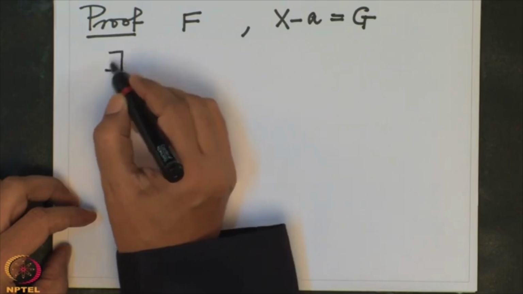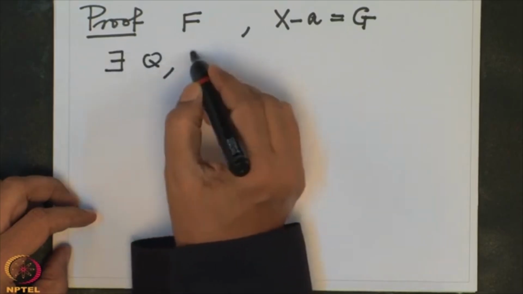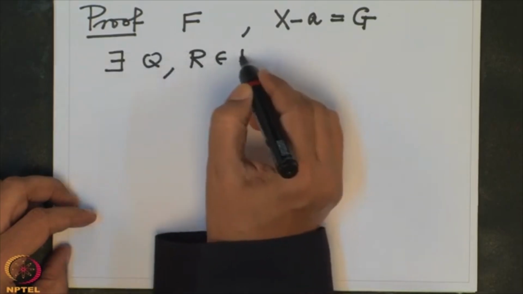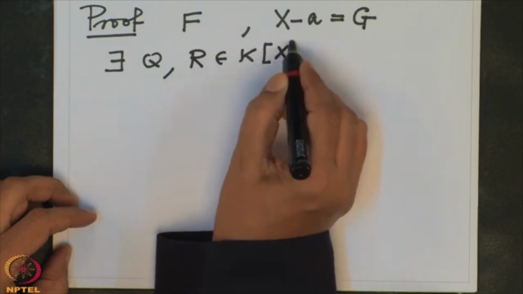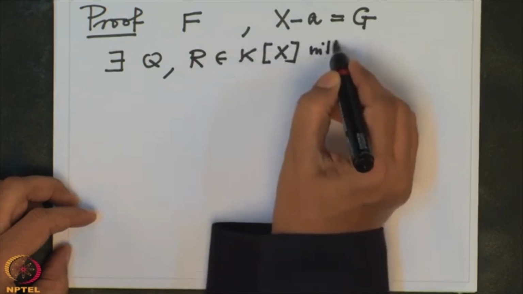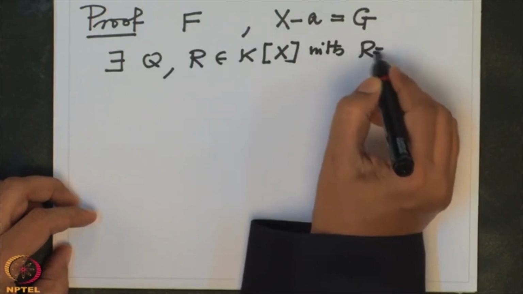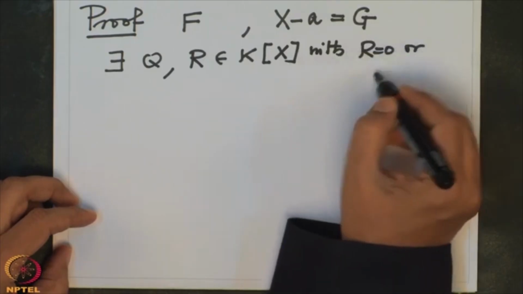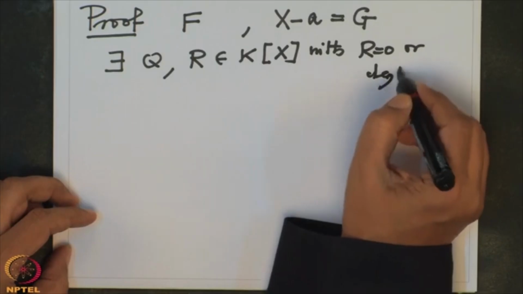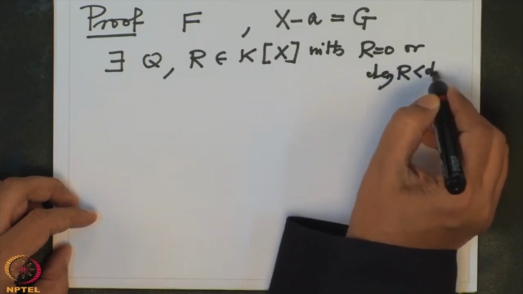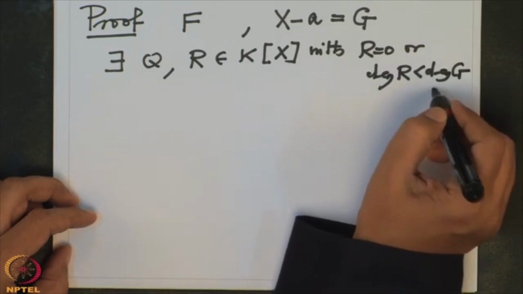There exist q and r in the polynomials again, with either r is 0 or degree of r is strictly smaller than degree of g, but degree of g is 1.